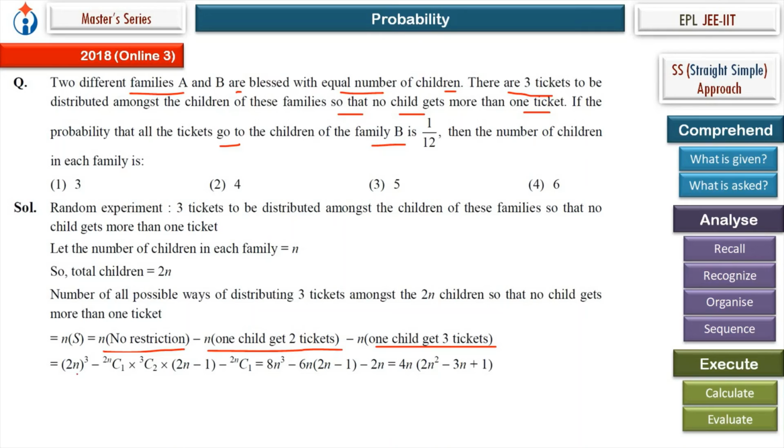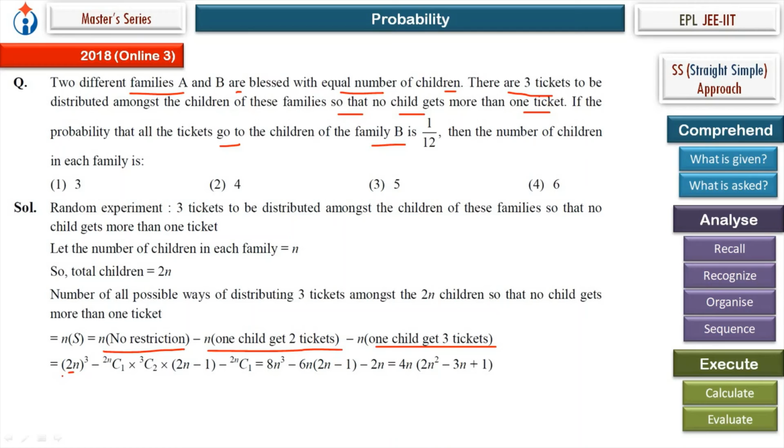So no restriction, 2n children are there, 2n to the power 3. So the first ticket has 2n choices, the second ticket has 2n choices, the third ticket has 2n choices. That's how the distribution is completed.